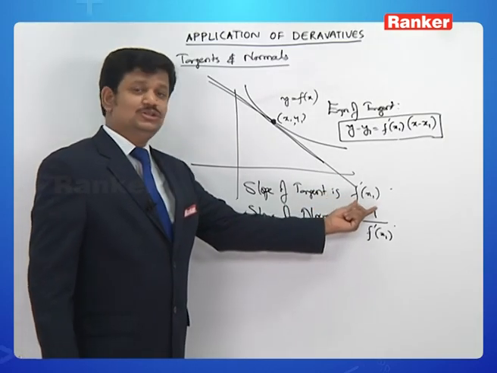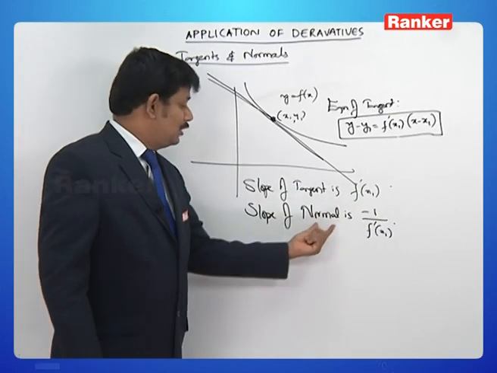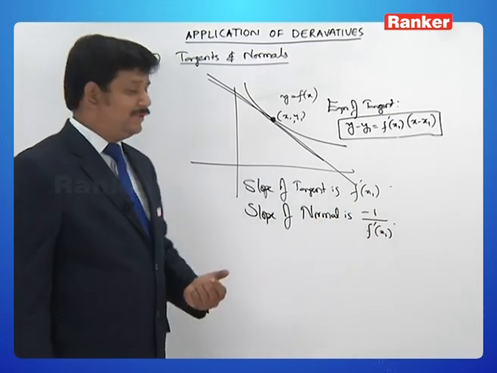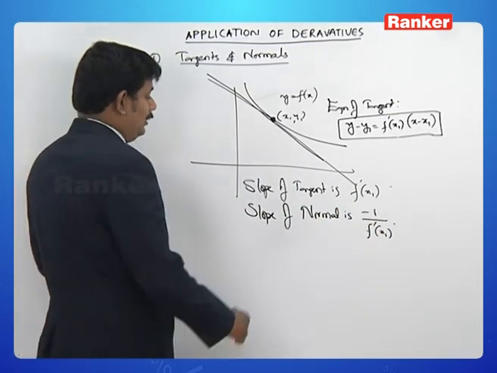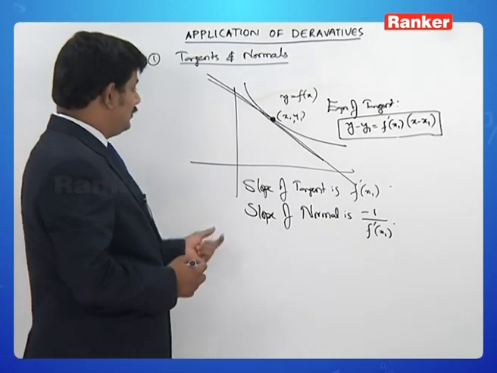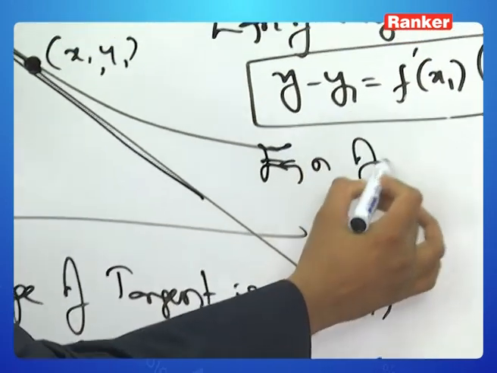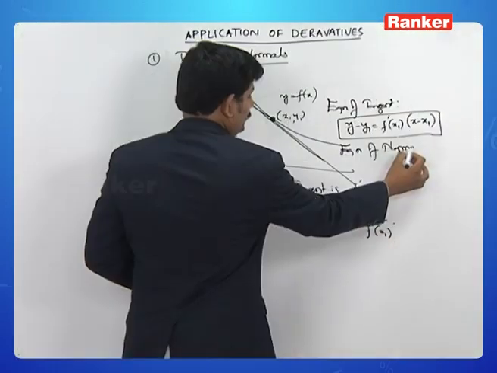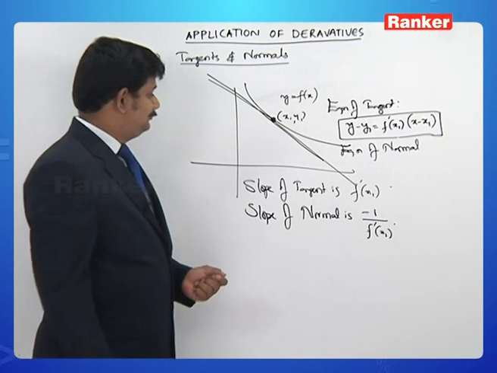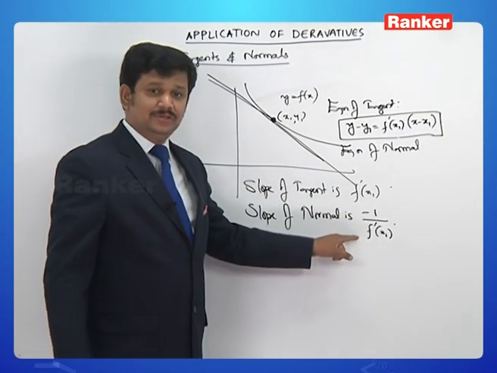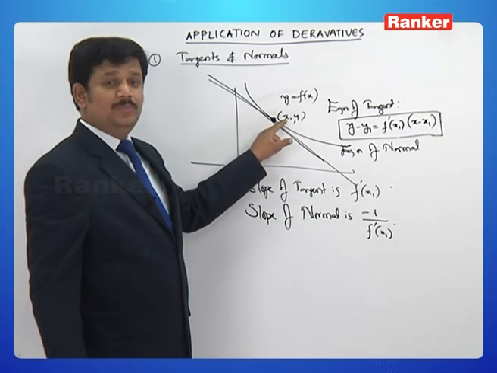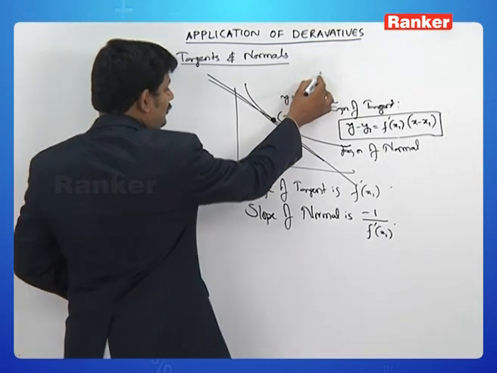So, as tangent slope is f dash of x1, normal slope would be minus 1 by f dash of x1. We can also find equation of the normal. We know slope of normal is minus 1 by f dash of x1, and we know normal also passes through the point x1 comma y1.